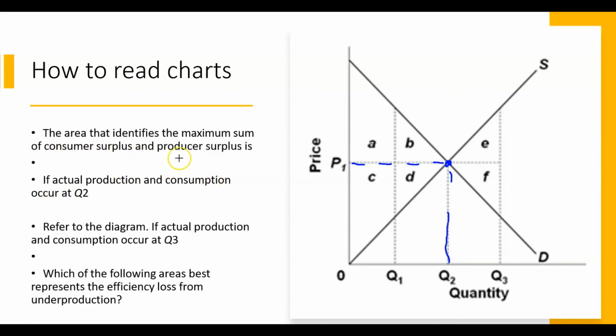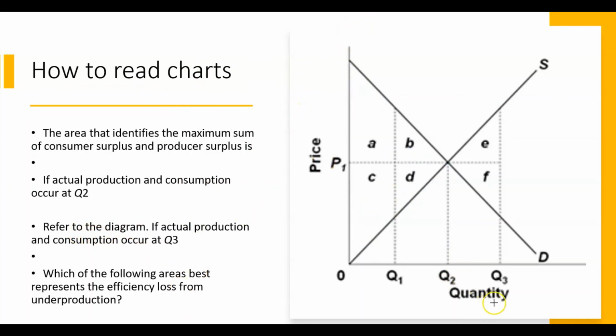So the area that defines the sum of consumer surplus and producer surplus is going to be A, B, C, and D. This whole triangle is the maximum sum of producer and consumer surplus if actual production occurs at Q2. Now, what happens if production occurs at Q3?